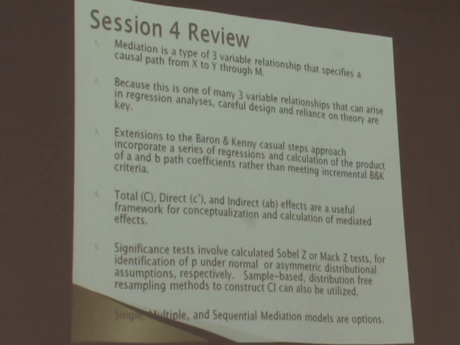Significance testing for mediated effects, there's a range of options. The range of options is the same for moderated mediation or conditional indirect effects. So there's the Sobel normal theory z-test.